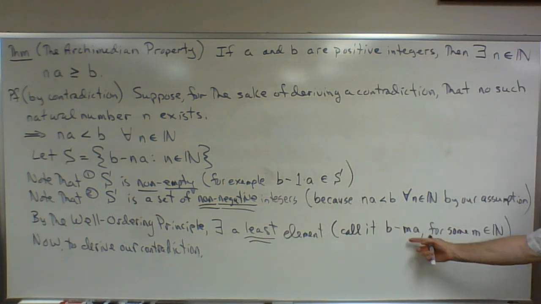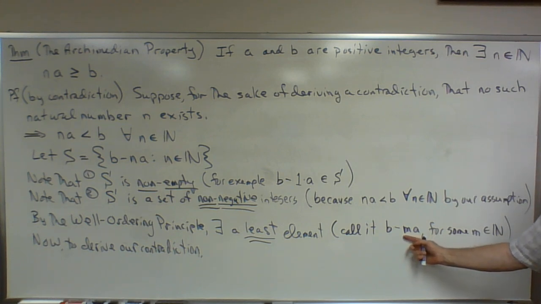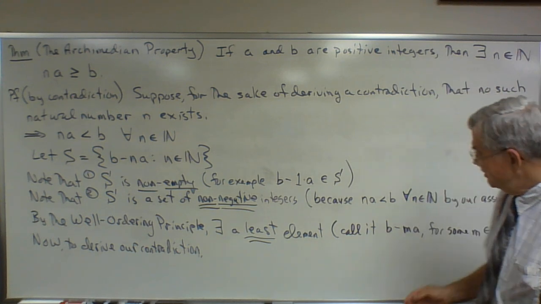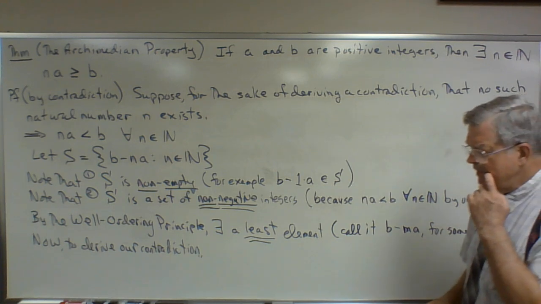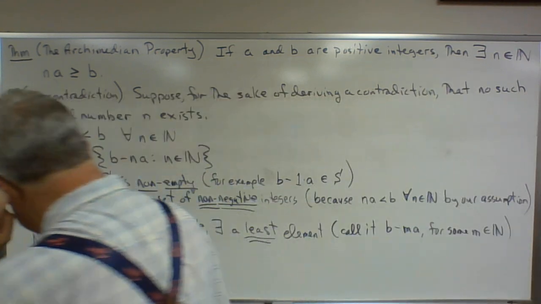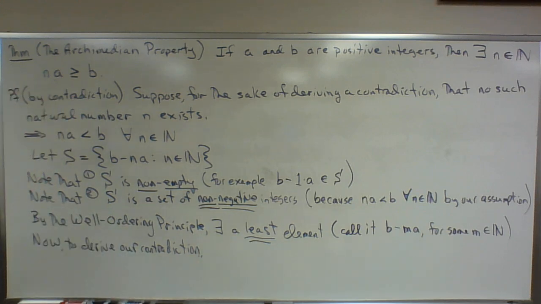We have a least element, which means this has to be less than or equal to every other element in the set. And we're going to try to make this mess up somehow. So to get our contradiction, we'll focus on another element.